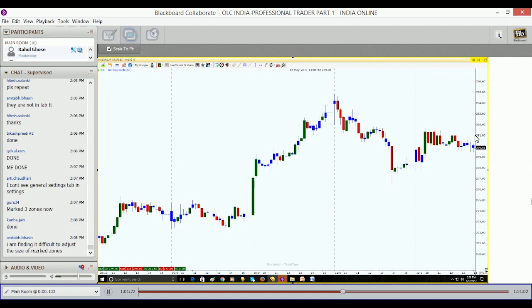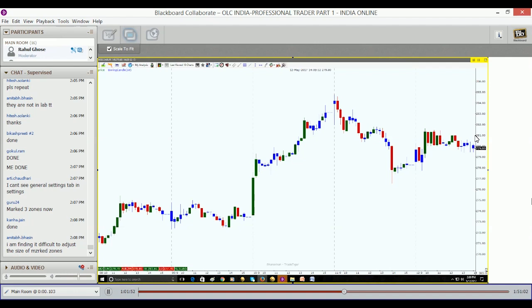Amitabh says, I'm finding it difficult. You have to select the zone. Press T, select the zone, and then, no, don't remove all tools. Let me show you. Let me take control. Just a second. Okay, I select this.